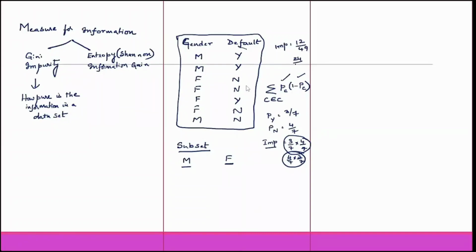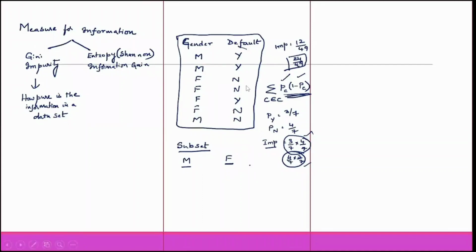If I go with a very strict calculation, it is 24 by 49 because for all the groups, I will compute the probability of that class multiplied by 1 minus it. If you have multiple categories, you will have a difference here. But if you have only two categories, it is just a double of the other. So this is the impurity.